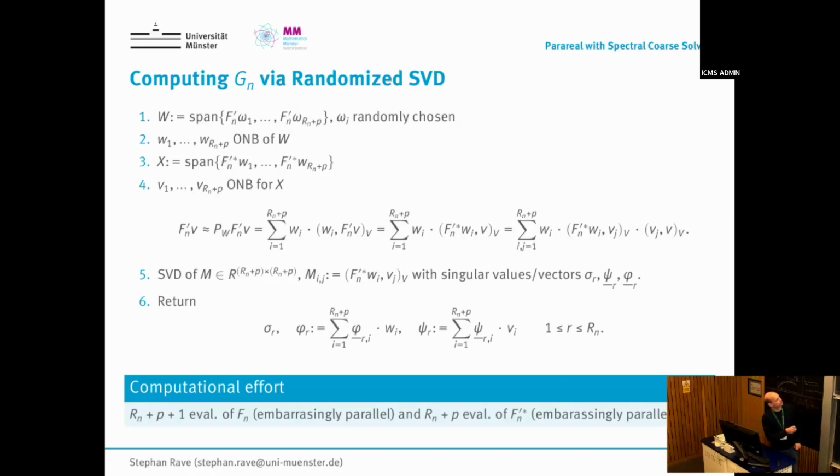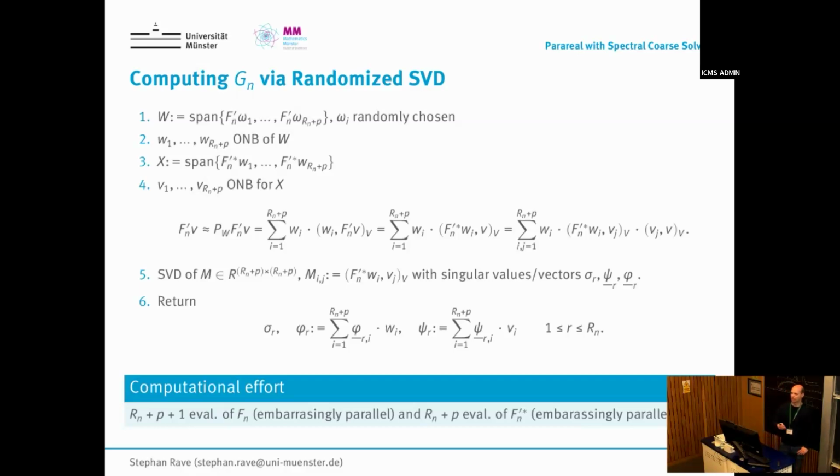Yeah, so you basically have to do these fine solver evaluations and the adjoint evaluations, and you can do all these in parallel. So this is all embarrassingly parallel. You first have to do the Fn evaluations and then the Fn star evaluations.